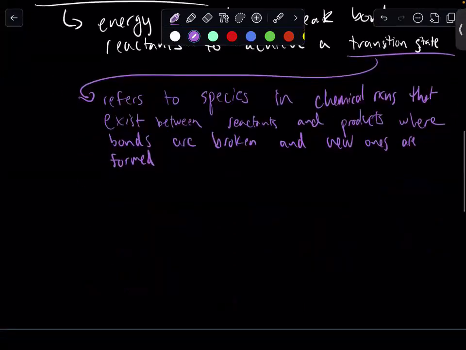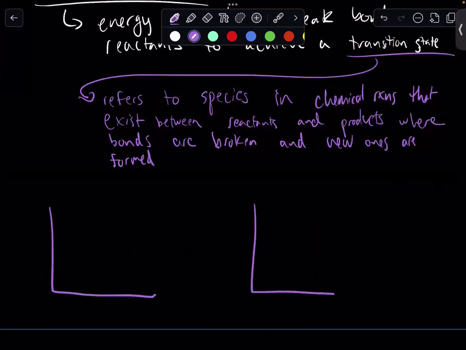So we used to look at energy profile diagrams. When we looked at the energy profile diagram for an endothermic or an exothermic reaction, we would look at this type of profile. So this would be endothermic, and this would be exothermic.